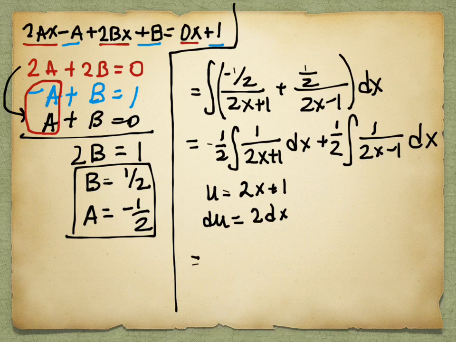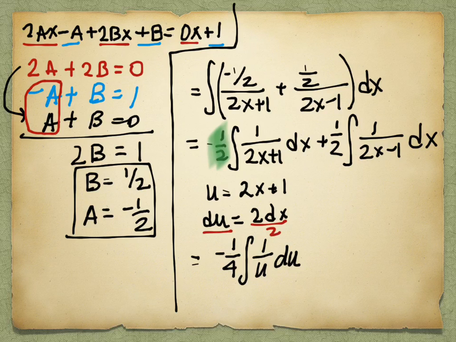So I need to have another 1/2, namely it'll end up being a negative 1/4 in this problem. And then the integral is 1 over u du. Does everybody see where the 1/4 came from? Okay. 1/2 of it was in the problem, negative 1/2 actually was in the problem right here to begin with. And then I have another half from here. I replace dx with 1/2 du.